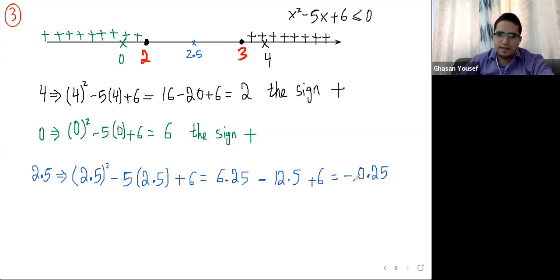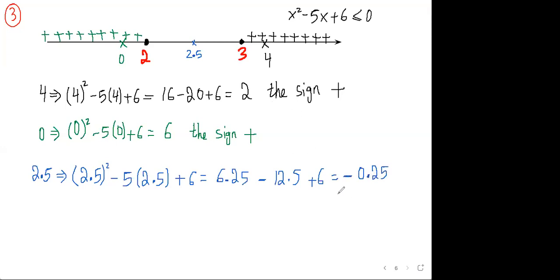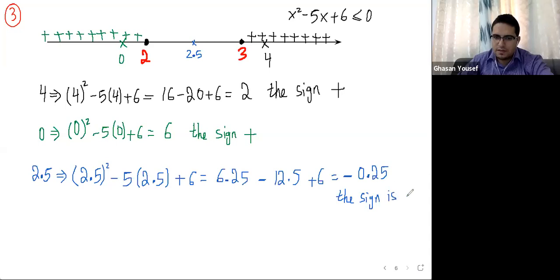So what's the sign here? Negative. Exactly. The sign is negative. So any number between 2 and 3, when I plug it inside the equation, would be negative. Now go back to the inequality.